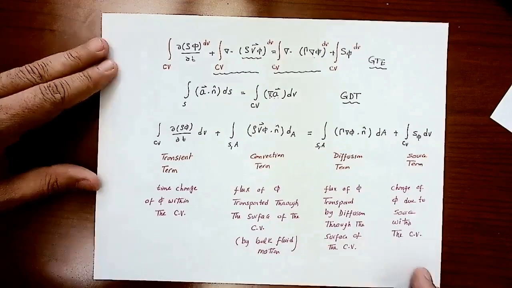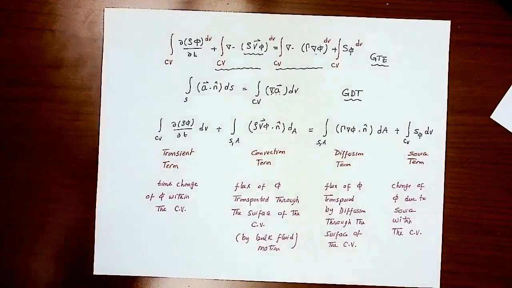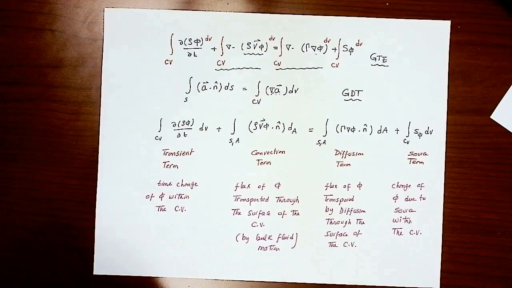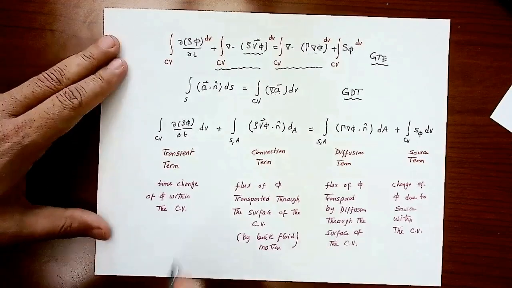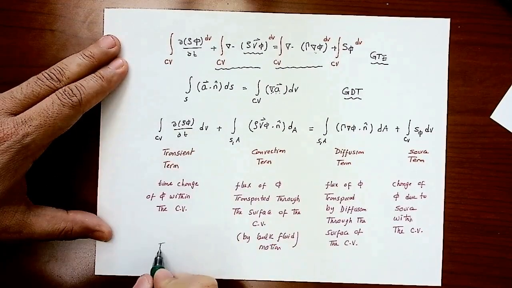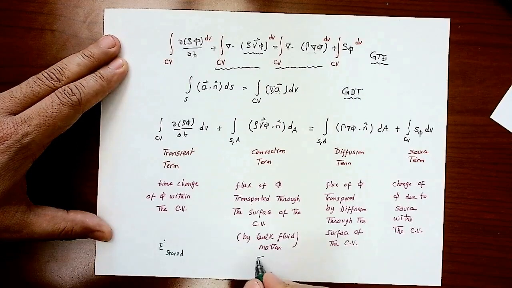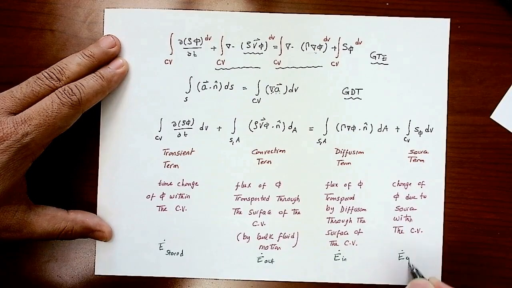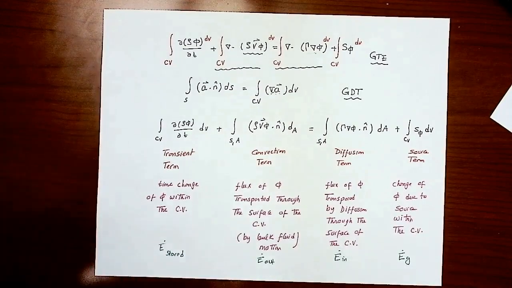In a very, very rough simplification, you recall the energy balance equation? This is simply E dot stored. This is simply E dot out. This is E dot in. This is E dot generated. That's in very simple language.